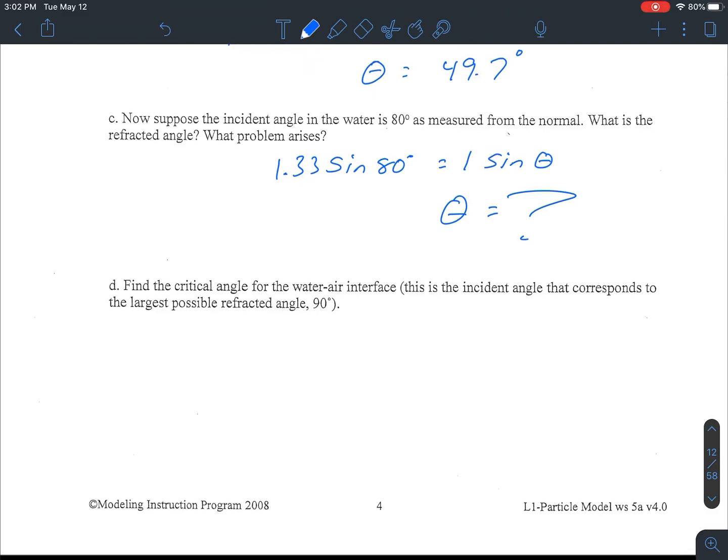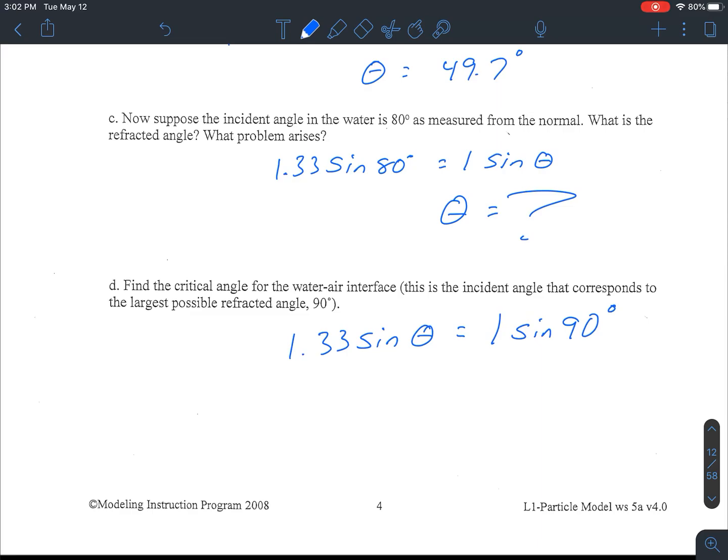So how would we find this critical angle? It's still Snell's law. We're looking for this angle. And we want to know, when it goes out into the air, our boundary is going to be 90 degrees. It's not going to go more than 90 degrees.